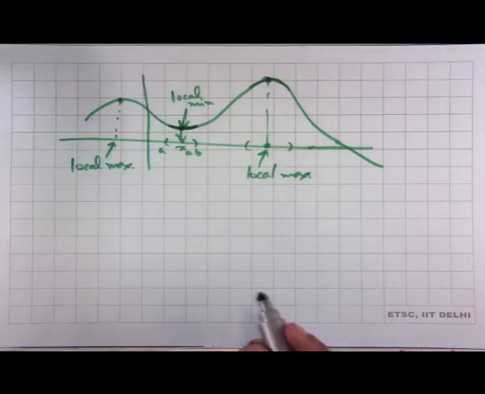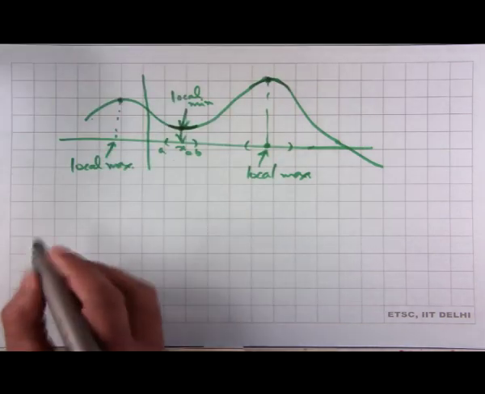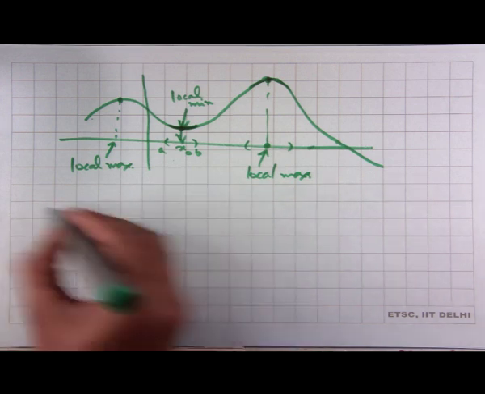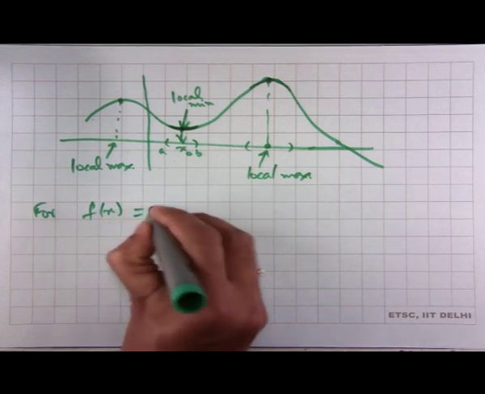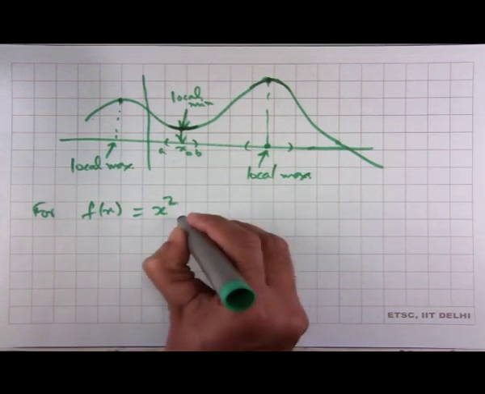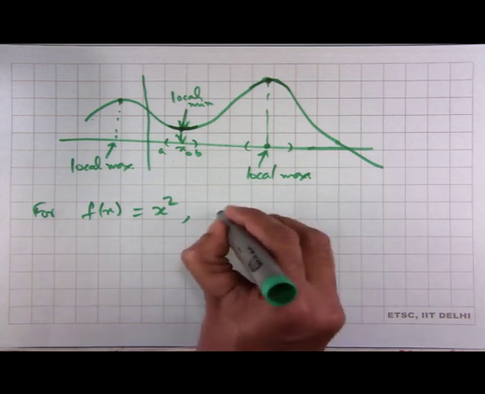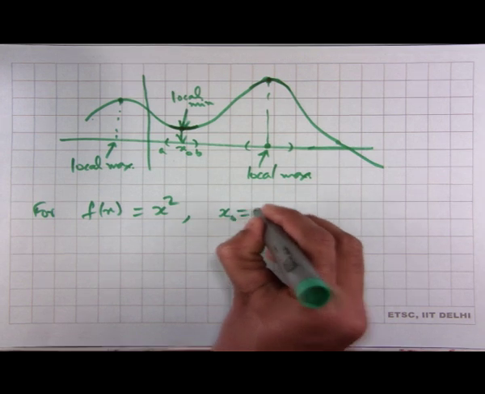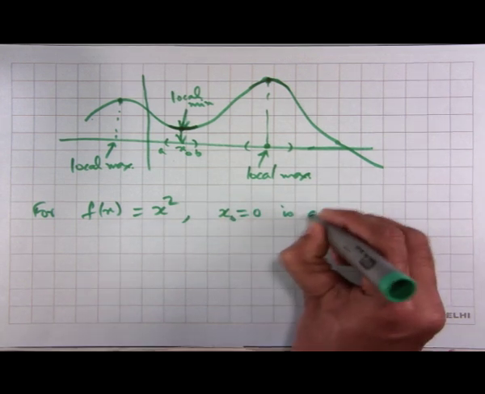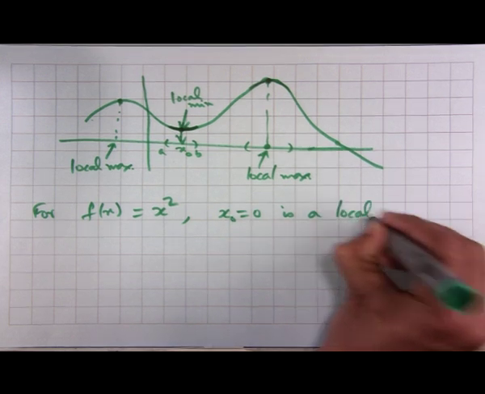So, if we look at this graph for f x equal to x square, if I look at x naught equal to 0, this is a local minimum.